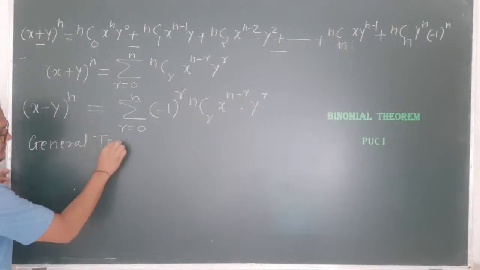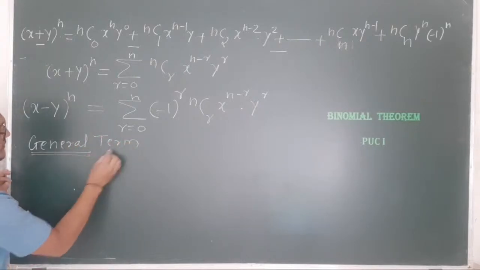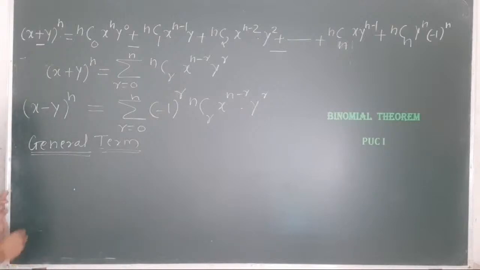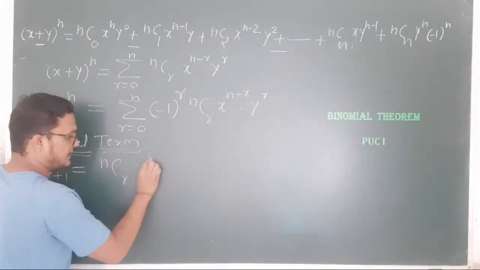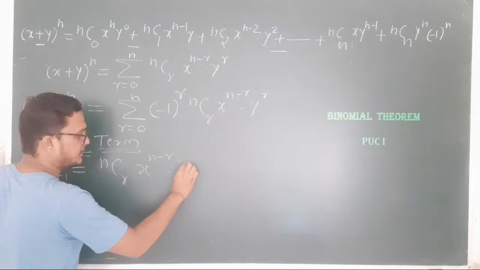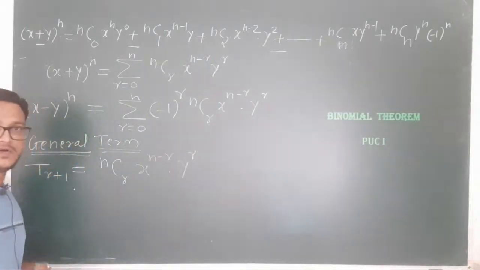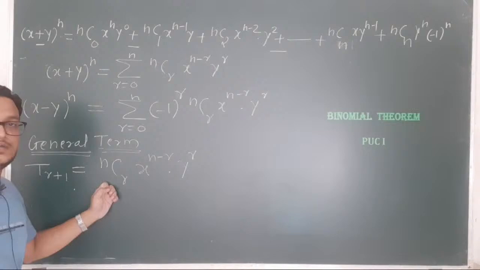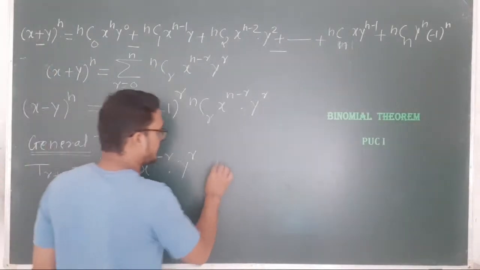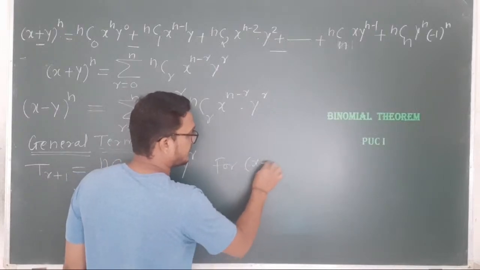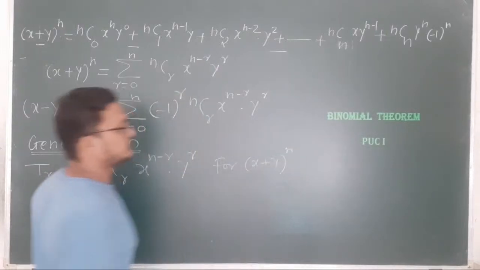You know the formula for the general term: T(r plus 1) is equal to nCr x to the power n minus r into y to the power r. So this is the general term for the expansion of (x plus y) to the power n.